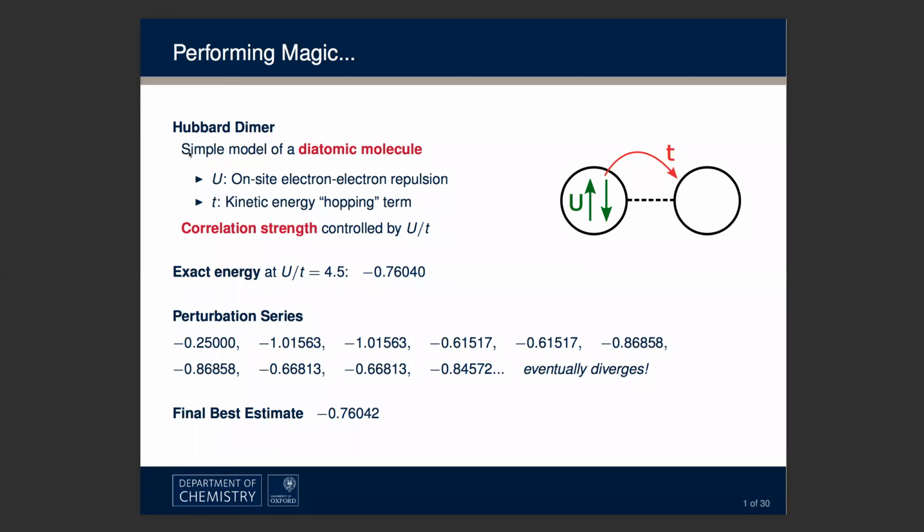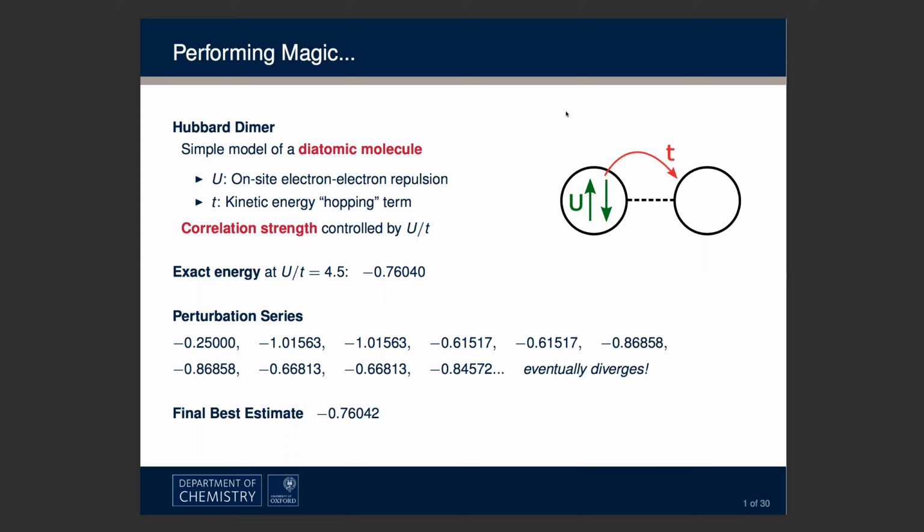We're going to be using a very simple model to understand this perturbation theory, and this should hopefully be familiar to most of you. This is the Hubbard dimer, a very simple model for our H2 molecule, and it's only got two parameters. The on-site electron repulsion basically gives you a penalty for having both electrons on either the left or the right, and a kinetic energy hopping term gives us the delocalization energy of our model.